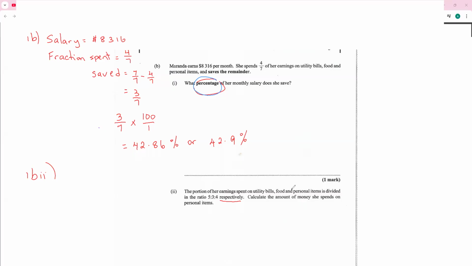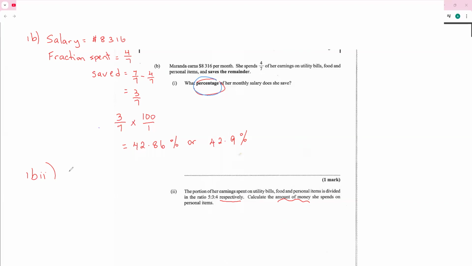All right, so it says the portion of her money that is spent, which was 4 sevens. Now, remember, they said calculate the amount of money. So we now have to figure out the amount of money that is being involved.